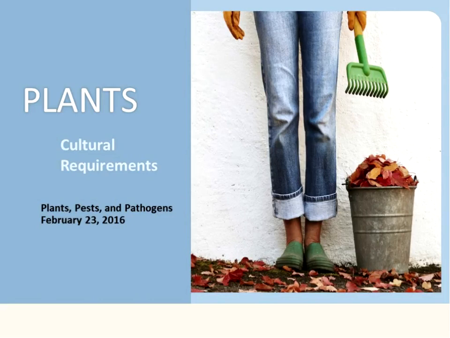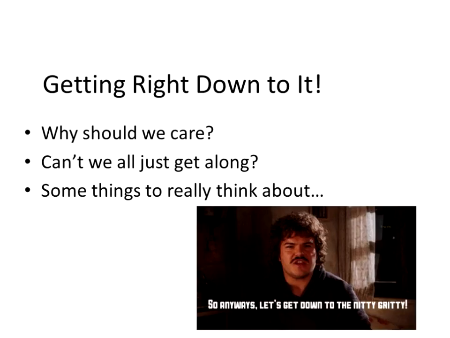So we're going to talk about plants and cultural requirements today, and I'm sure a lot of you already know many things about that. But what I often still see is a lot of mistakes out there in how do I make this change? Oh, awesome. Okay, I'm getting the hang of it.